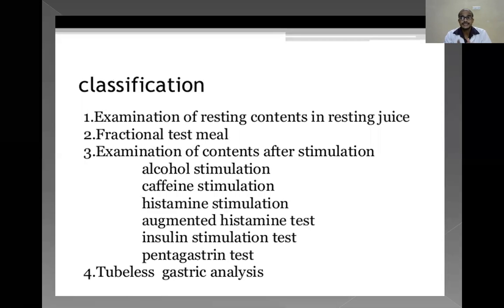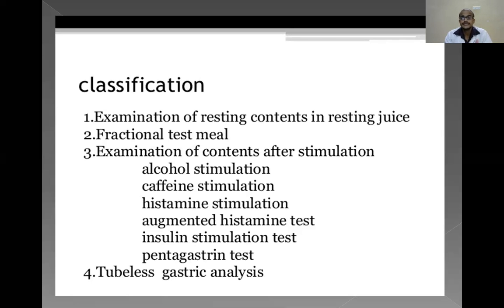And coming to the tests, the gastric function test is also divided, for comfort's sake, into the examination of resting contents and the fractional test meal, and examination of contents after stimulation. The stimulation can be done by alcohol, caffeine, histamine, augmented histamine, insulin stimulation, and pentagastrin, and there is also tubeless gastric analysis. So stimulation is done by giving different stimulants to the stomach.